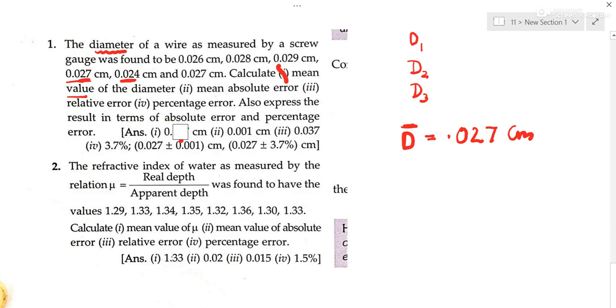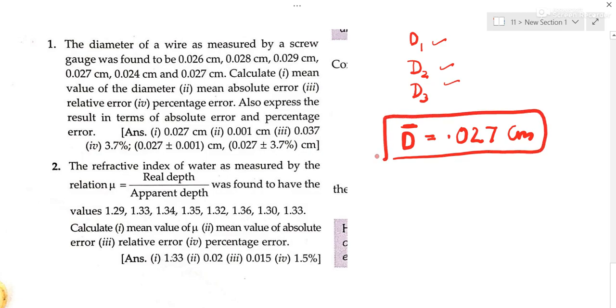So you have to take care up to 4 decimals and then round it off. When you are adding these, divide, obtain up to 4 decimals and then round it off to 3 decimals. So this is your mean diameter. Then you have to find out the error in each.